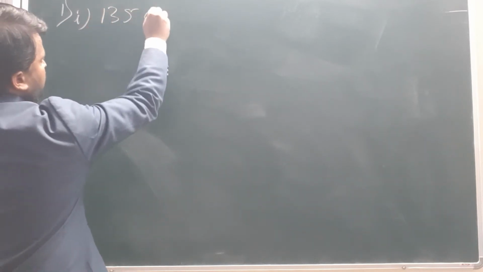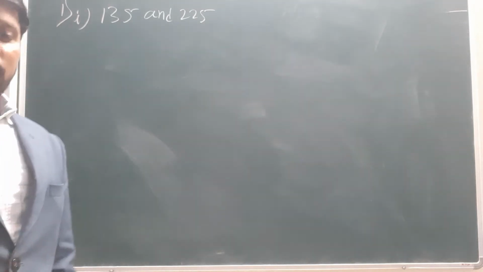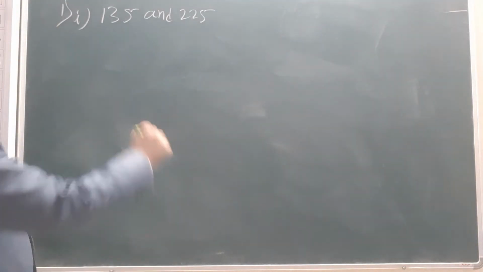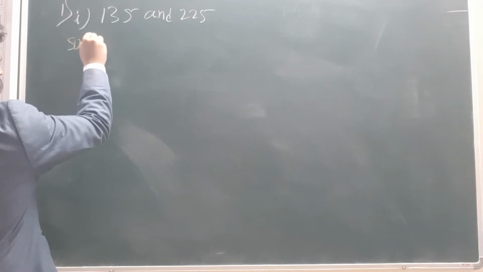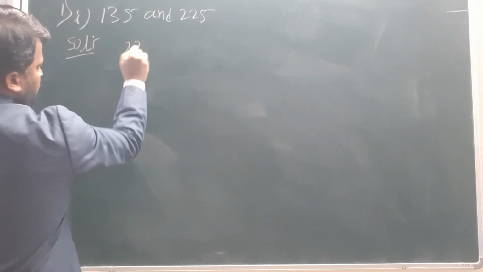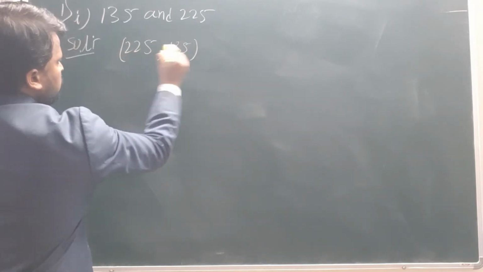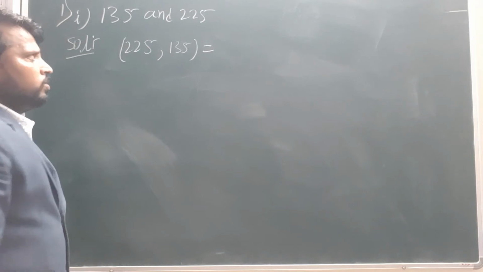We have to find the HCF of 135 and 225. Okay? So the solution. How to solve this? First of all, write down A and B: 225, 135.